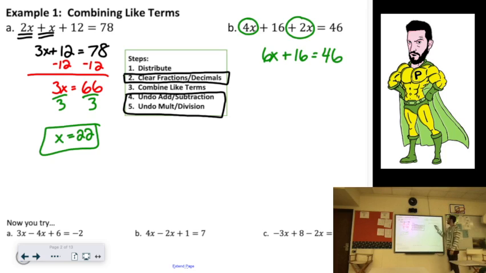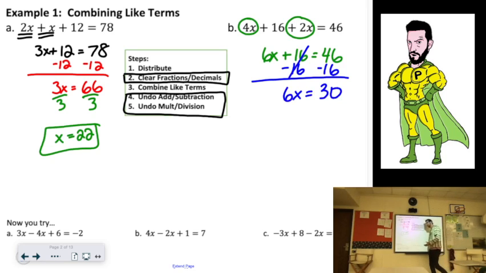Minus 16 minus 16, because again, we're trying to cancel that out. 16 minus 16 is 0. We only do it on the other side to keep our equation balanced. So left side will just have 6x, right side 46 minus 16 is 30. 6x means 6 times x, so we will divide by 6. 30 divided by 6 is 5. X equals 5.